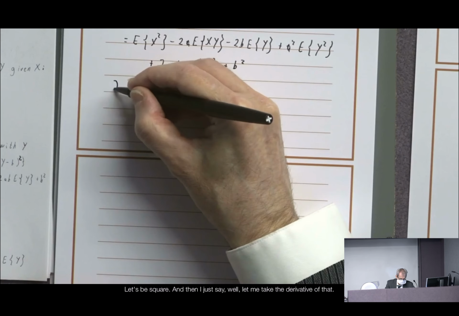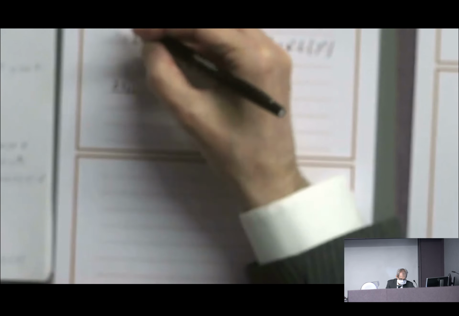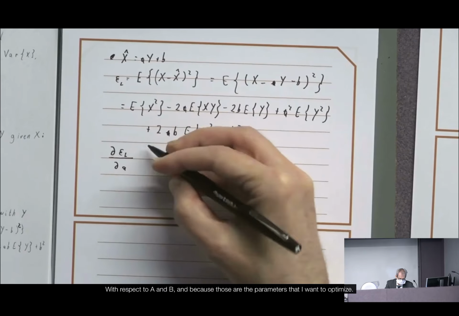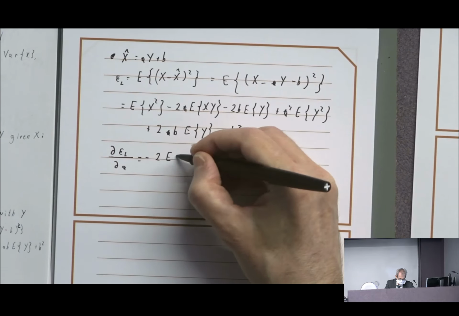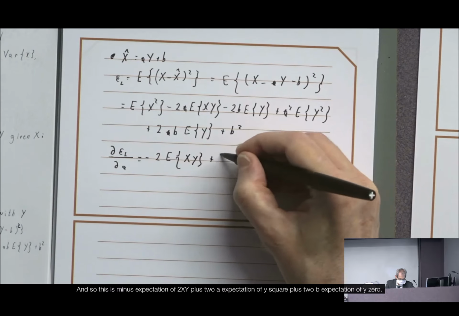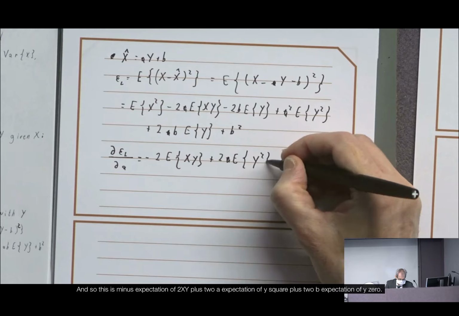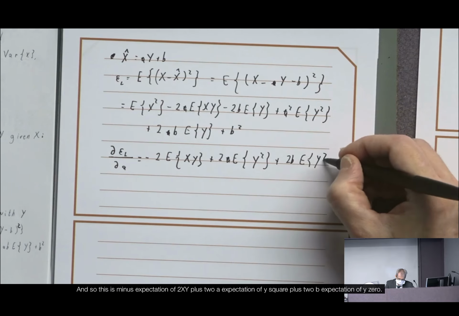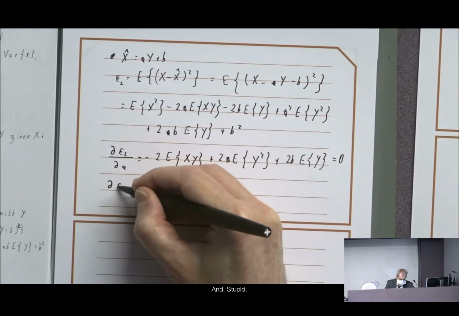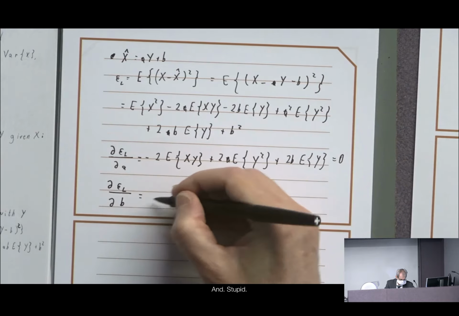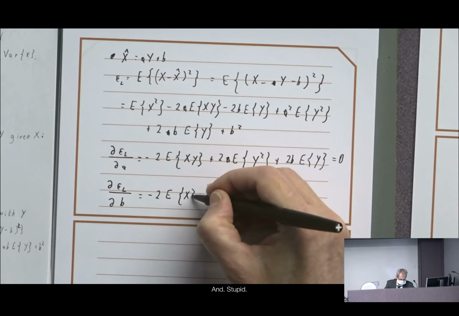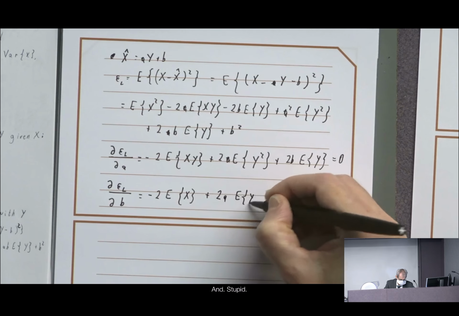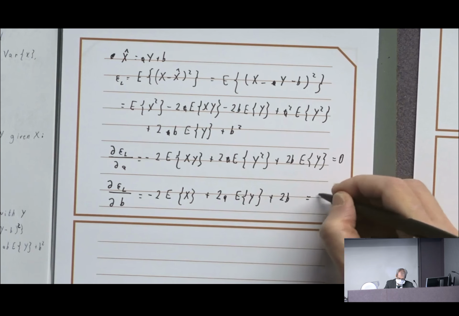And then I just say, well, let me take the derivative of that with respect to a and b, because those are the parameters that I want to optimize. And so this is minus 2 times the expectation of xy plus 2a expectation of y squared plus 2b expectation of y being 0, and the derivative with respect to b has to be 0 as well.